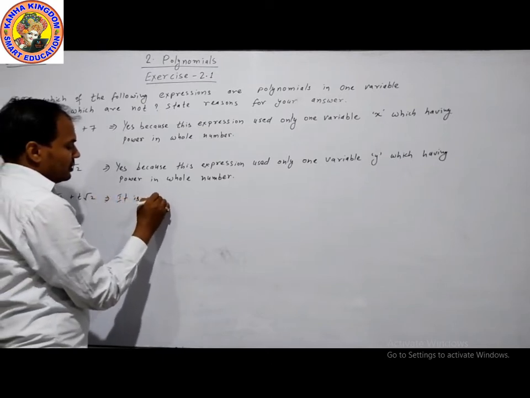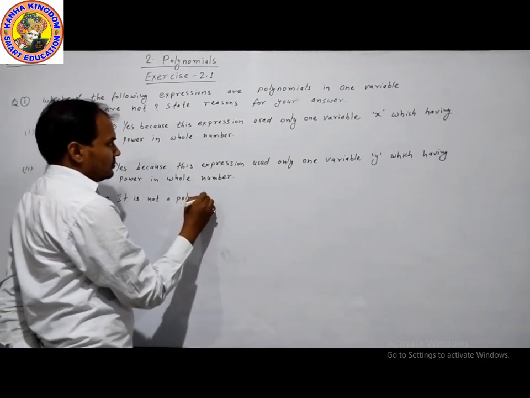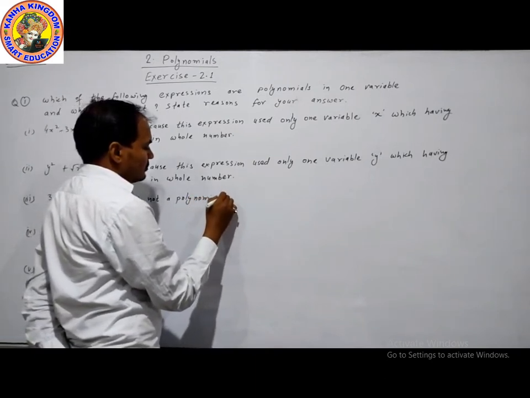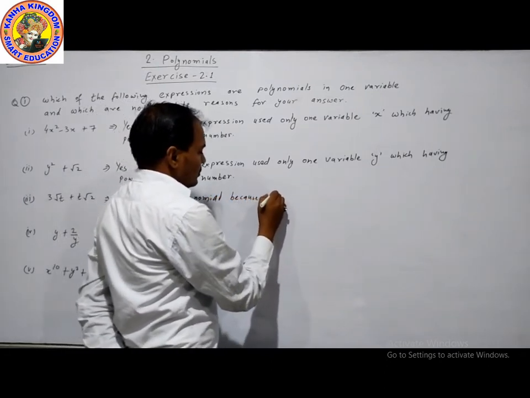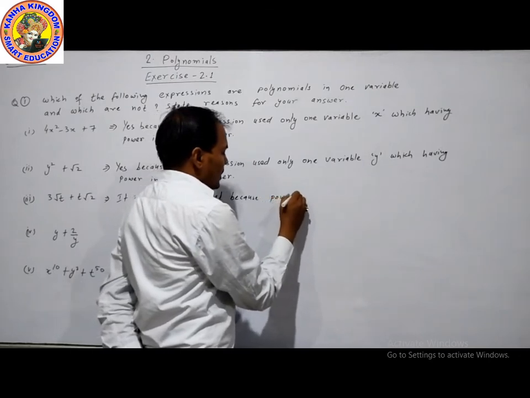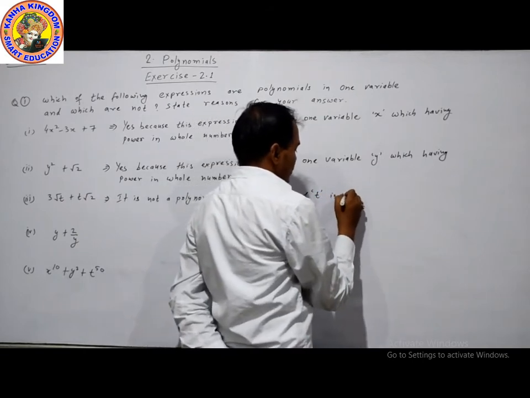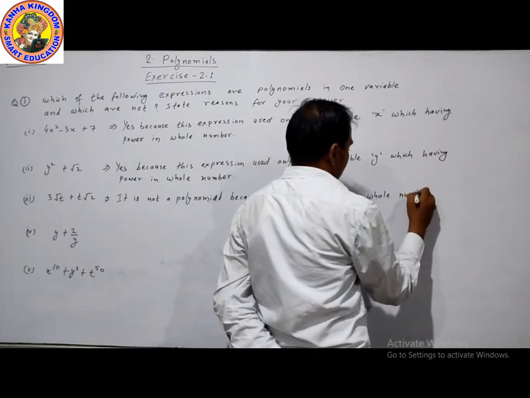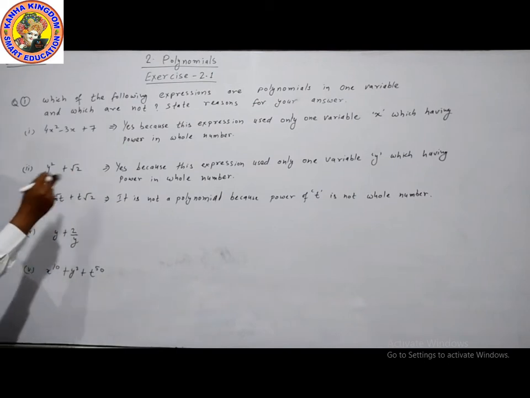It is not a polynomial because power of t is not a whole number. The power of t is half. This is not a whole number, so this is not our polynomial.